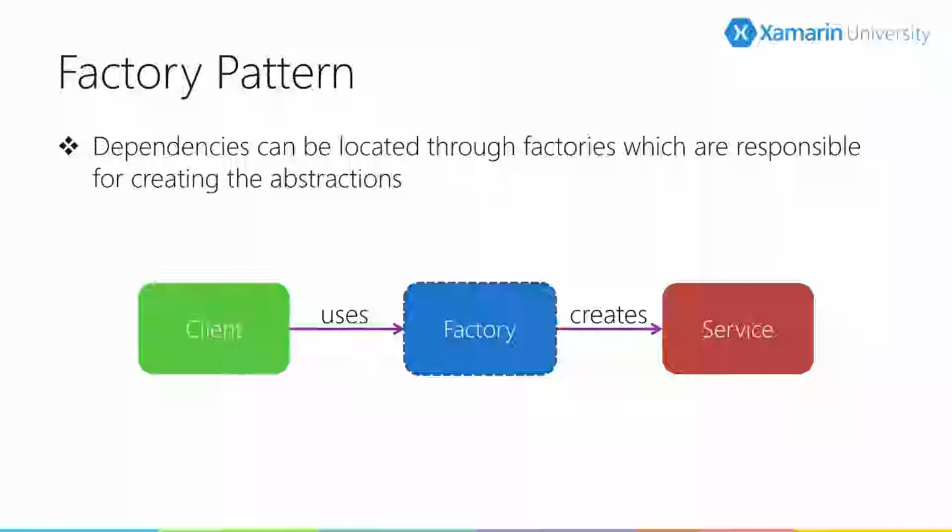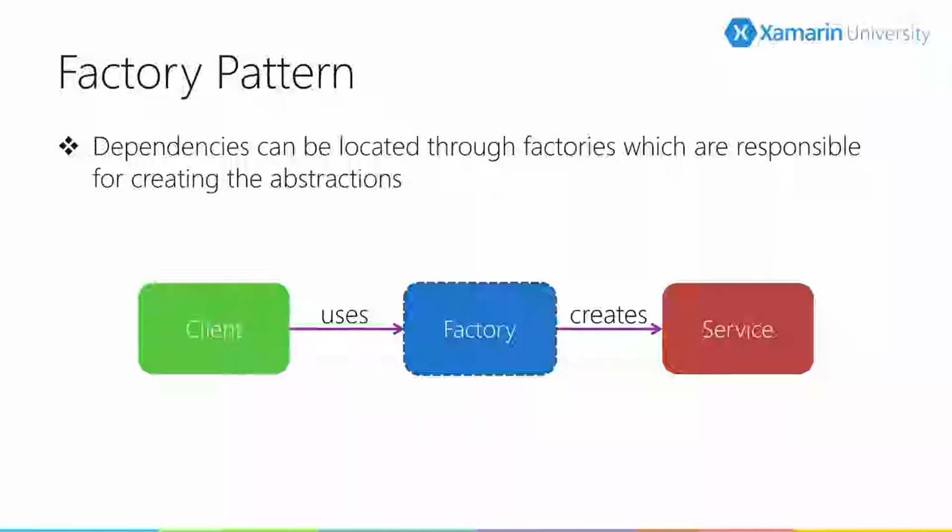And between these two, we then have the factory. Well, what is a factory doing? A factory is producing something. It is producing a very specific, well, thing or product. In our case, what the factory is producing is a service. So the client will talk to the factory and say, hey, I need something that allows me to pop up a message box.